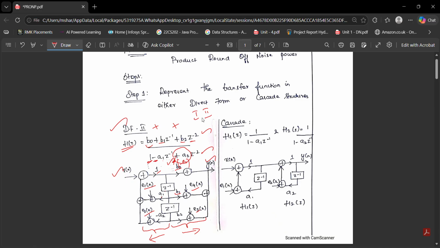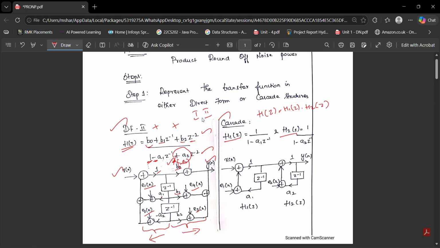The next thing is cascade. Coming to the cascade form, in the question we will have two transfer functions, h1 of z and h2 of z. We will represent h of z as h1 of z multiplied by h2 of z.